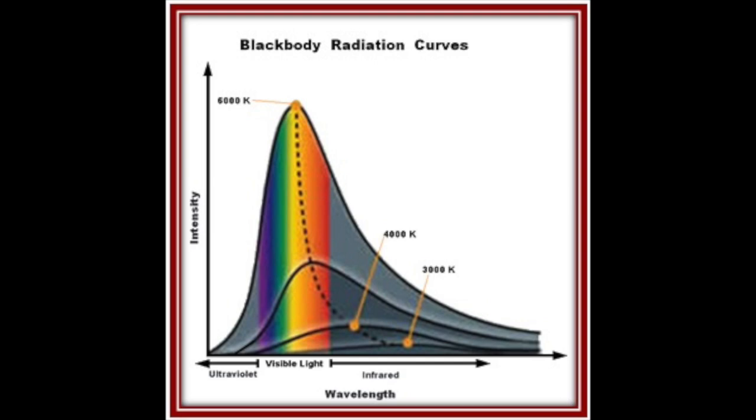Max's theory required that so-called atomic oscillators could only vibrate at certain discrete energies, which would mean that they would only emit light in tiny discrete bundles, which he called quanta. And these atomic oscillators, it doesn't really matter what they were, but they were supposed to be the things that were emitting the light. So the idea was that these atomic oscillators, which were in some way related to atoms, emitted the light.